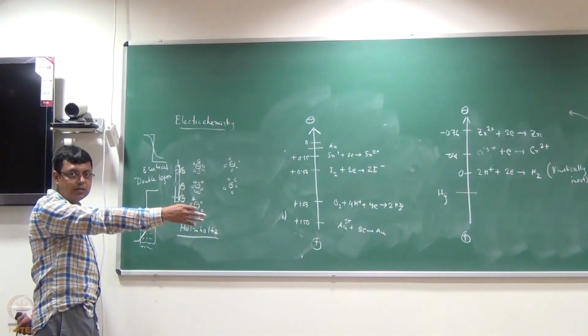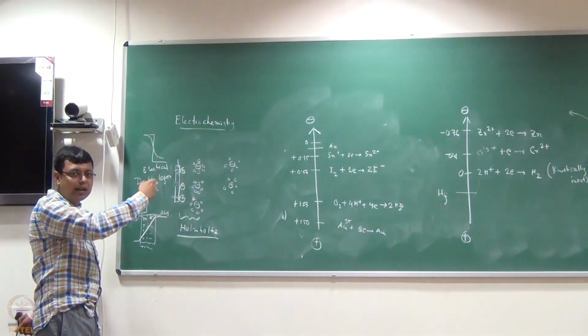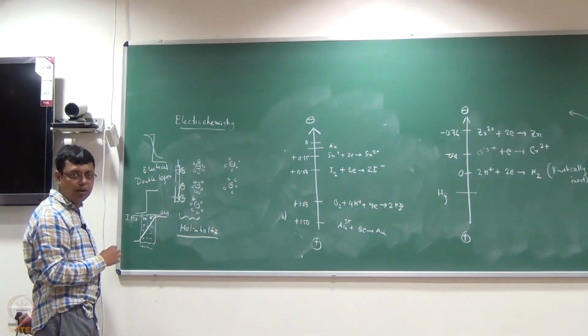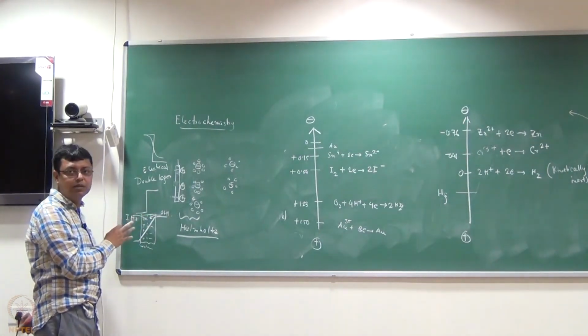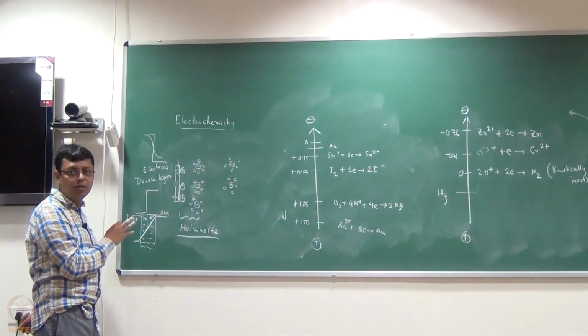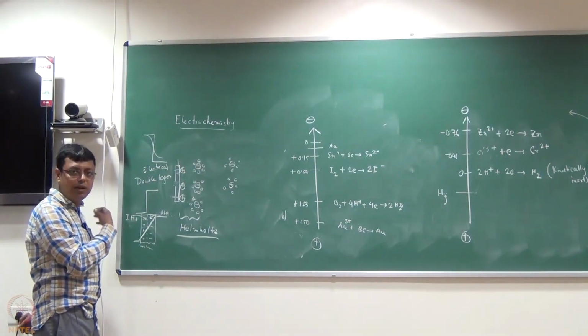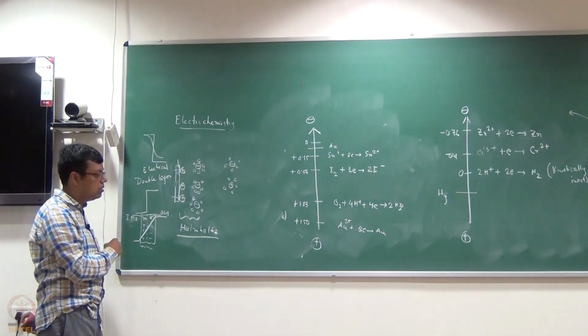So it's not an abrupt change, there will be at least a double layer to begin with. Of course there can be multiple layers, but at least the minimal model says that there has to be a double layer. Otherwise you cannot explain many other things. We'll see what those other things are.